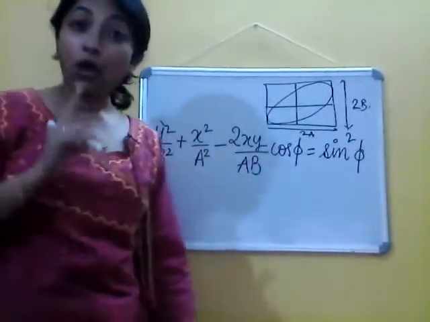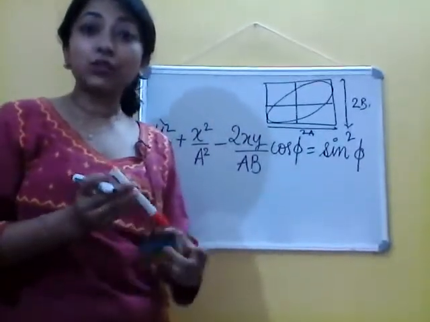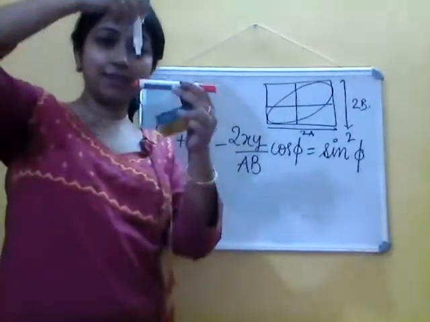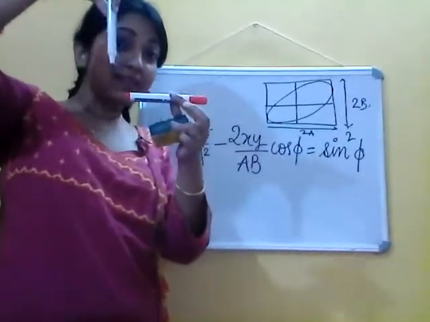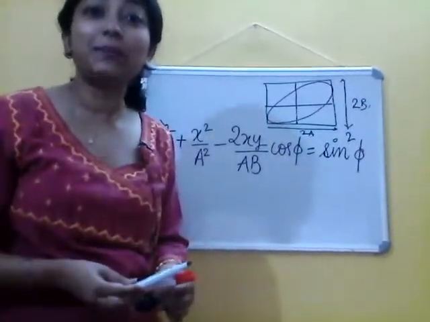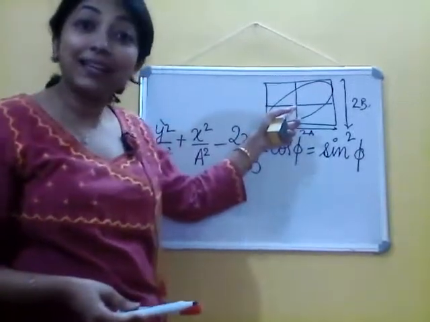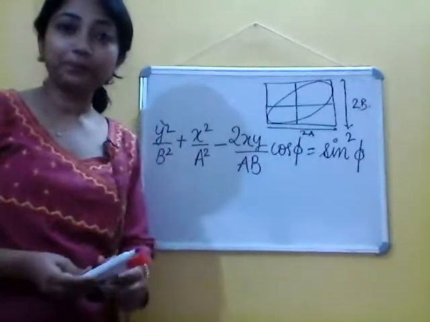Which means, all of you please note down, what were we doing? What did we begin with? We had superposed two light rays which were traveling in perpendicular directions, and I asked you what will be the resultant. The resultant will be simply an elliptically polarized light. Which means in this case, what will happen?